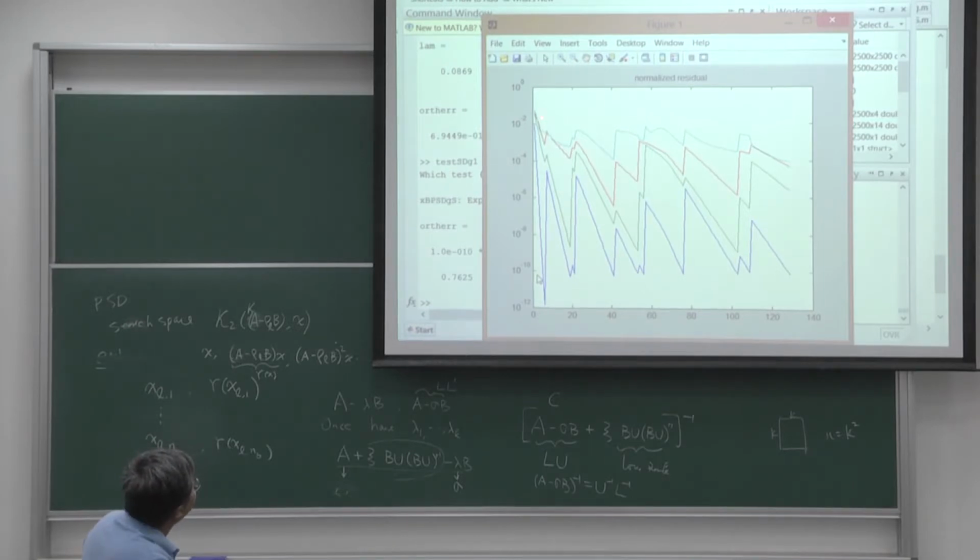So you have 4 lines right here: red, blue, green, and maybe cyan. Very quickly you see that this blue line gets down to 10 to the minus 12. I think the relative error that I set was maybe 10 to the minus 10. So in one step you get this far. So this eigenvalue converged, and it deflated and locked.